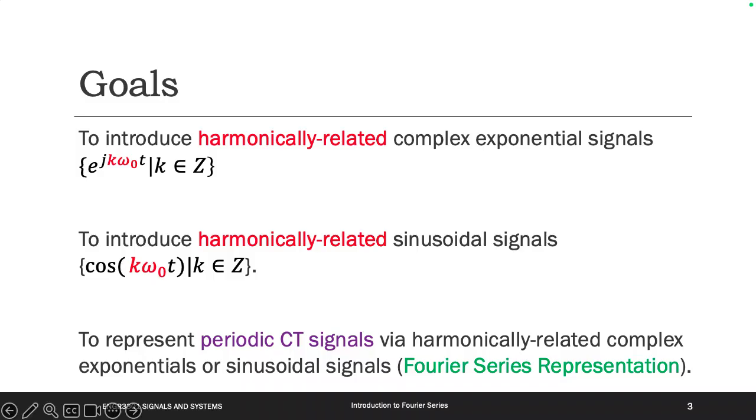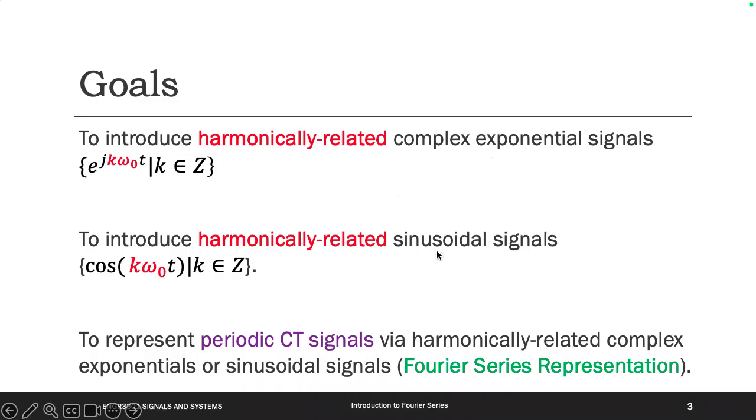The complex exponential signals are sinusoidal signals; they can be transferred to sinusoidal signals. Why? Because of an equation. Do you know what equation? Yes, the Euler equation. The Euler equation can transfer the complex exponential signal to sinusoidal signals.